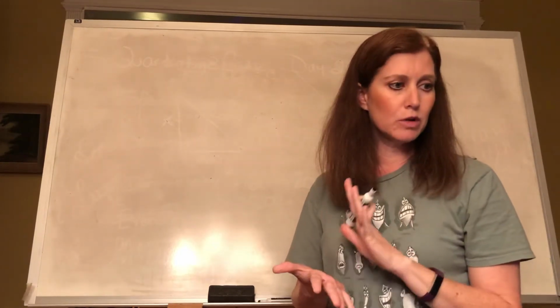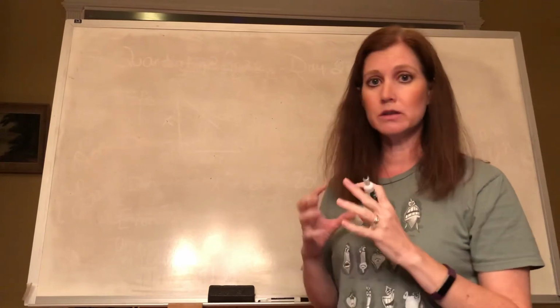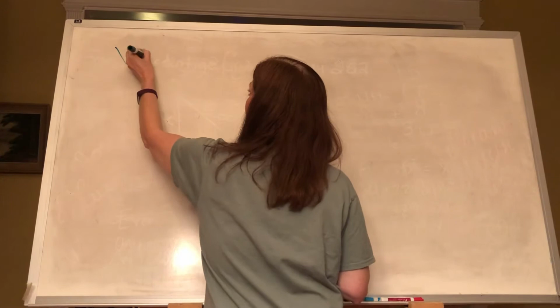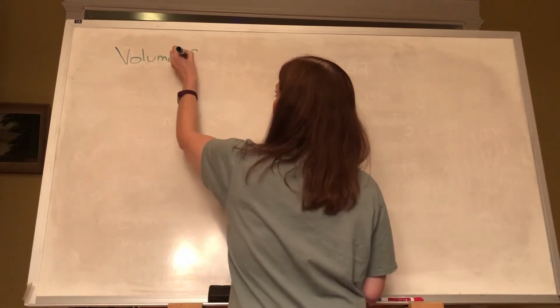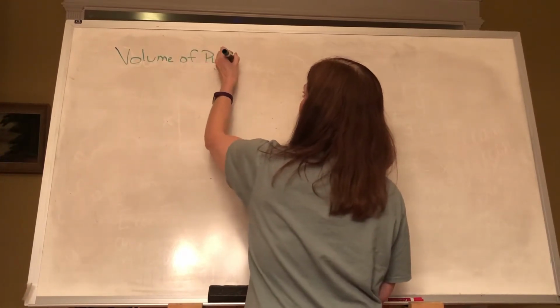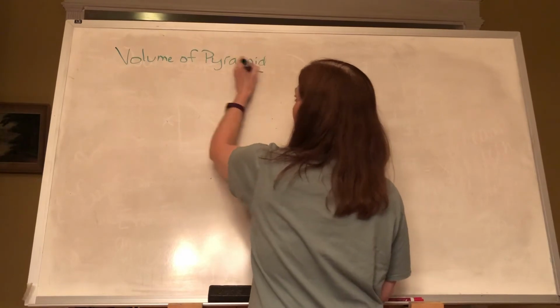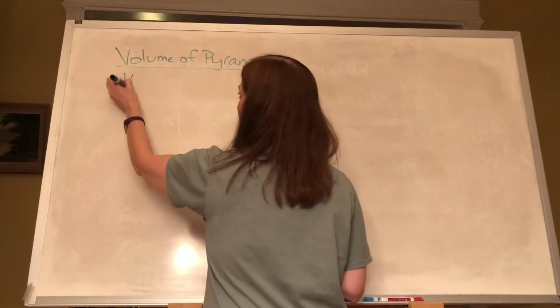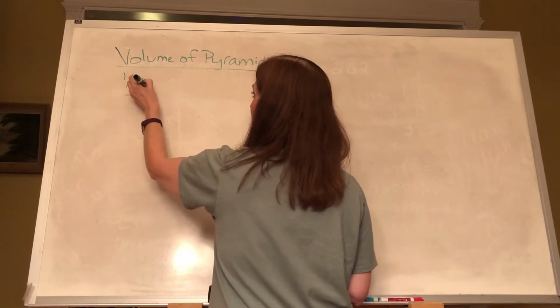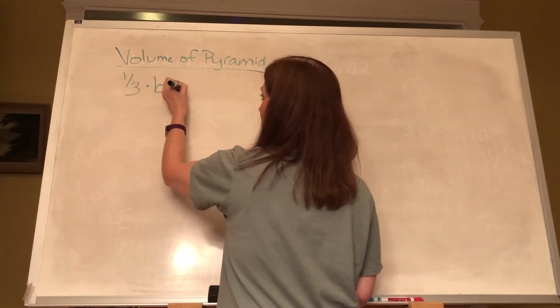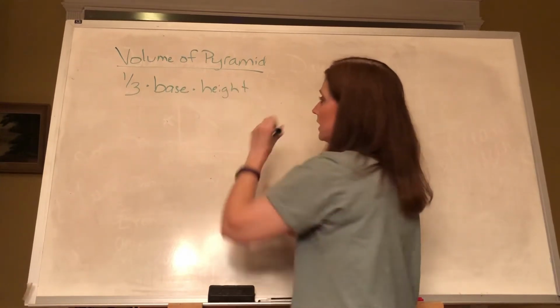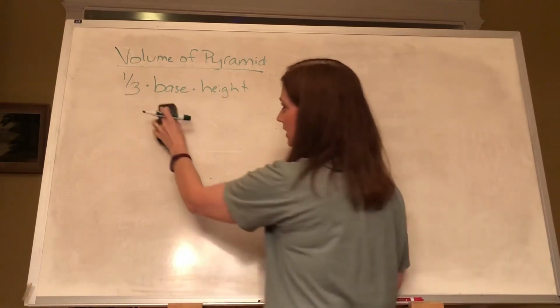We're going to do volume of a pyramid, a cone, and a sphere. So volume of a pyramid, it's going to be 1/3 times the base times the height. Actually, when I say base, I'm really meaning area of the base.